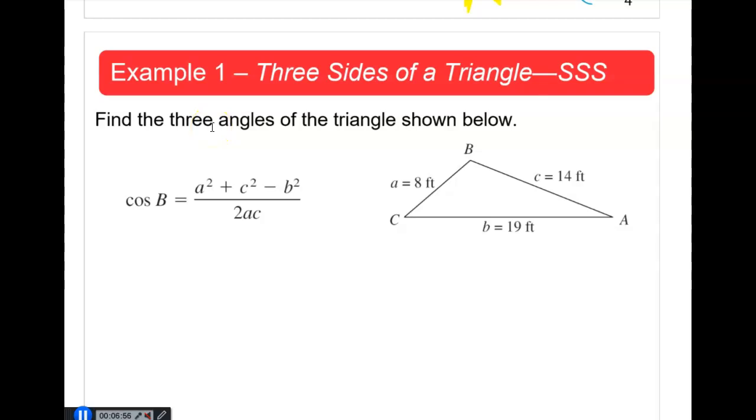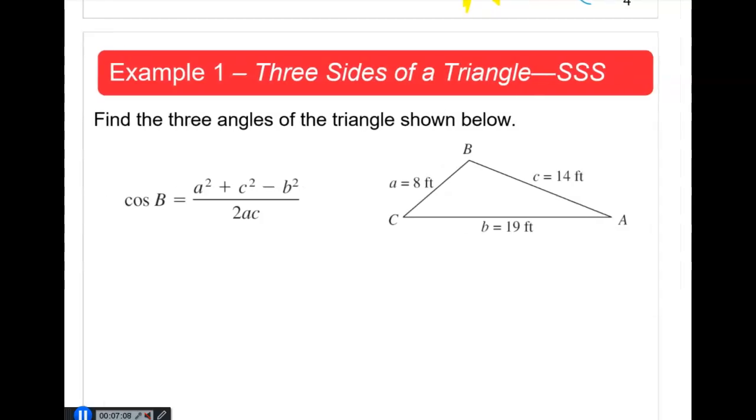So let's start with example 1, and example 1 is one of those cases where we are given all three sides. We have side A equal to 8 feet, side B equal to 19 feet, and finally side C equal to 14 feet.